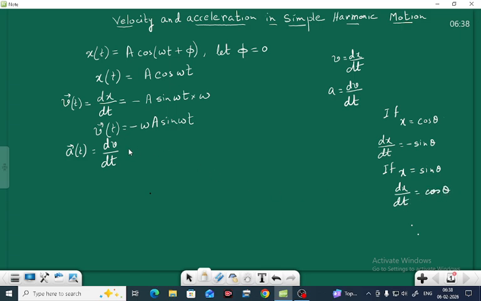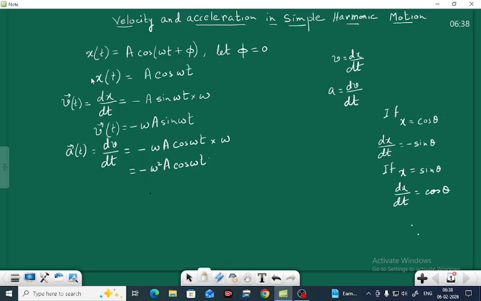So here we get minus omega A times cos omega t, and since omega is multiplied with t, there will be another omega. So we get the acceleration as minus omega square A cos omega t, right?